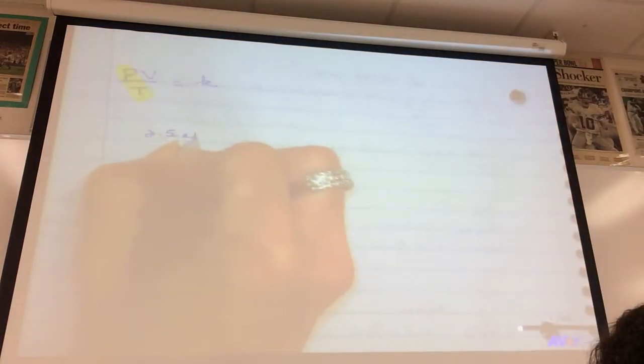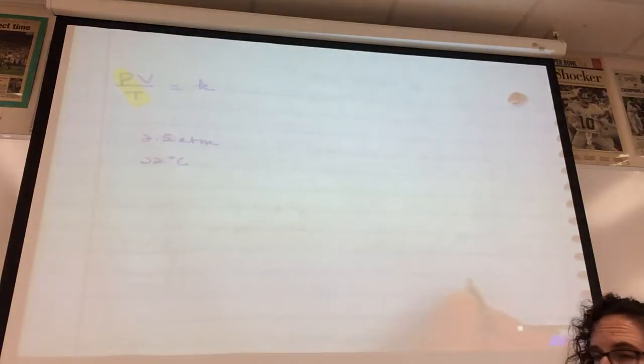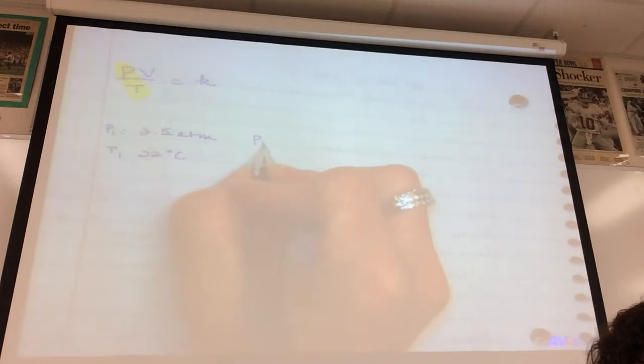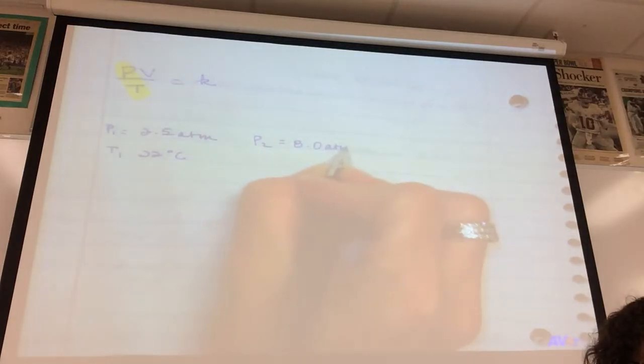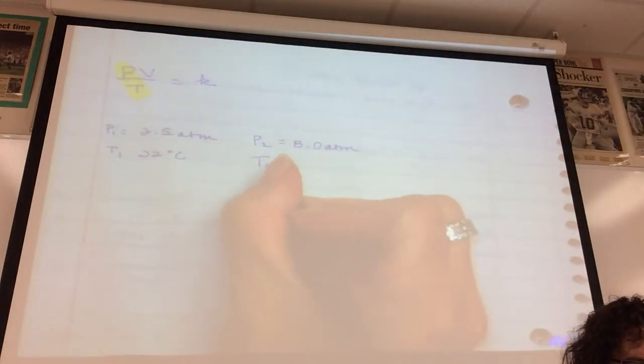So what does the 2.5 atmosphere and the 22 degrees Celsius represent? P1 and T1. And then P2 would be 8, but I know I'm looking at when it exceeds. And we can solve for T2.